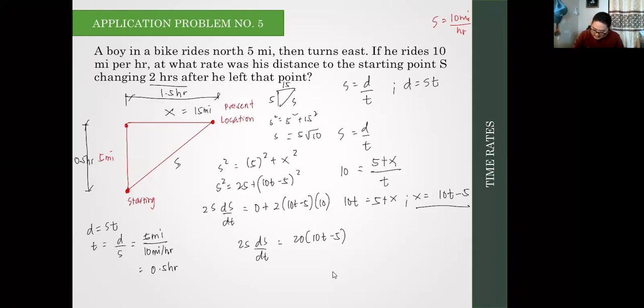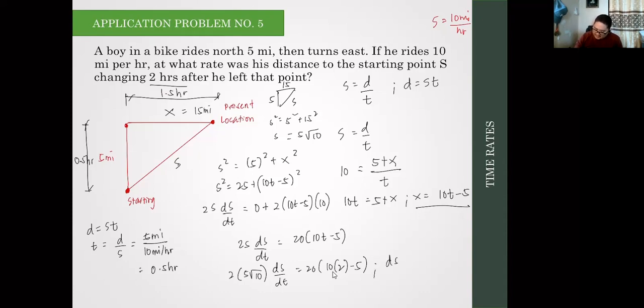So itong value ng S na yon, dito yan lalagay. Okay? Yung value ng T dito, ano yung ilalagay natin? Yung value na after 2 hours. So 2S, yung S natin is 5 square root of 10, ds over dt is equals to 20 times 10 times 2 minus 5. Okay?